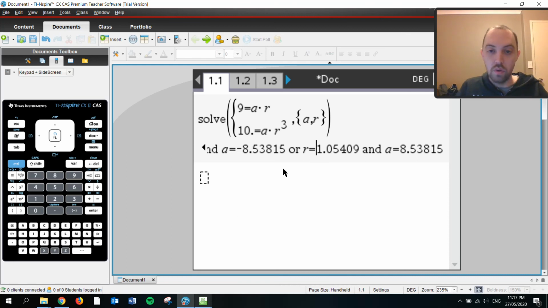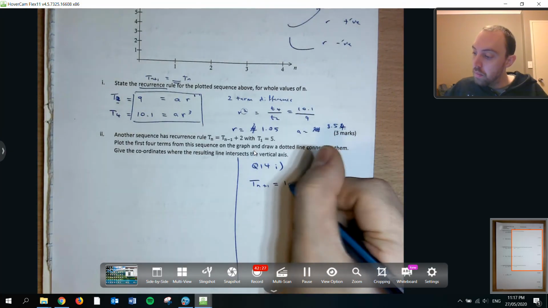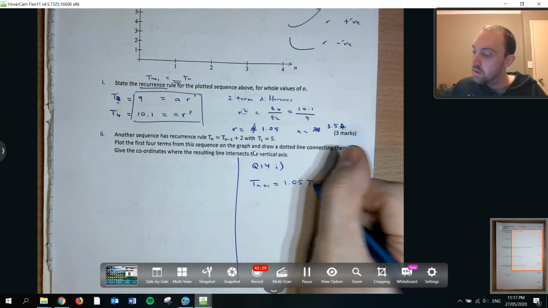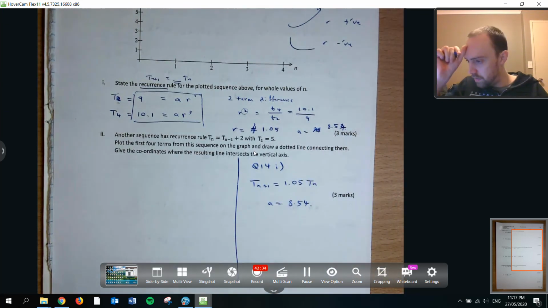And with that solution, we have positive 1.05, A is equal to positive 8.53, or 8.54 to 2 decimal places. So Tn plus 1 is 1.05 Tn, A is equal to 8.54. Okay, you could go to more if you wanted to.